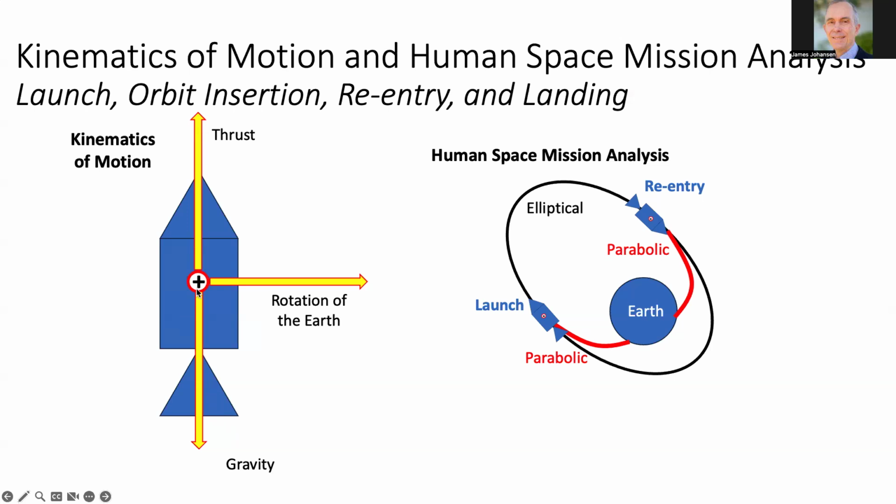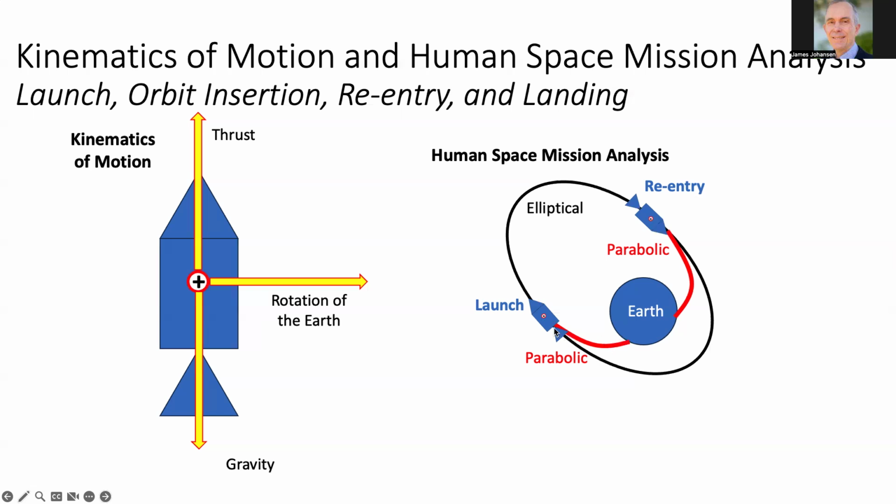And so if you start launching things, this is another force that is exerting itself on that rocket, that spacecraft, that human-rated system. And then this thrust has to be greater than gravity, and we want it to be in a controlled fashion. So basically, we're doing a launch from Earth, and this is a parabolic nature, and they talk about this in the movie.